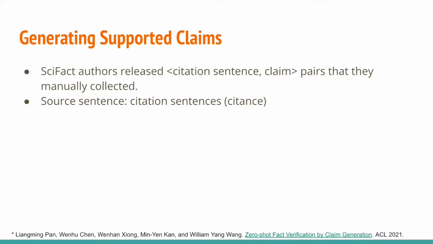In this paper, they use the citation sentence and claim pairs that the SciFact authors released. The source sentences, the input sentences to the claim generation system, are essentially just the citation sentences, sometimes also called citances.